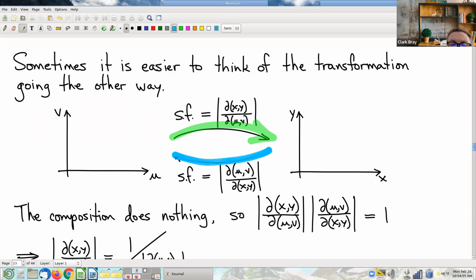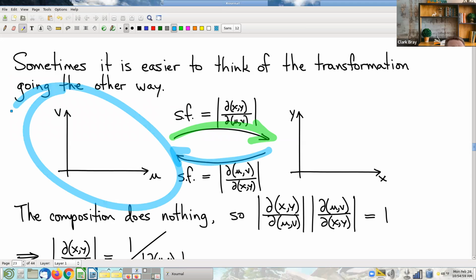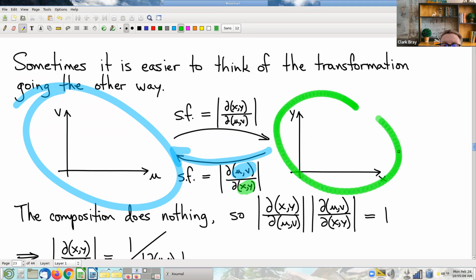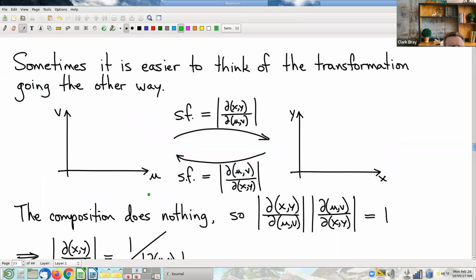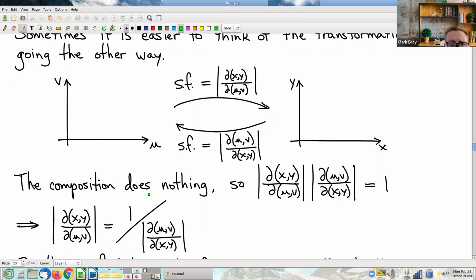And if I talk about its inverse, then u and v are the outputs, and to get this stretching factor, I would have to take partials with respect to the inputs x and y. It's just the backwards change of variables function. But now let's think about it. What happens though if I have a little piece of area here?